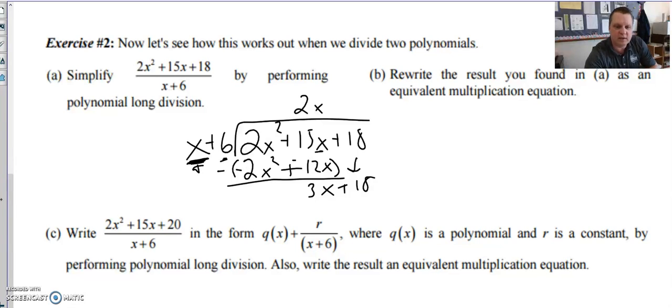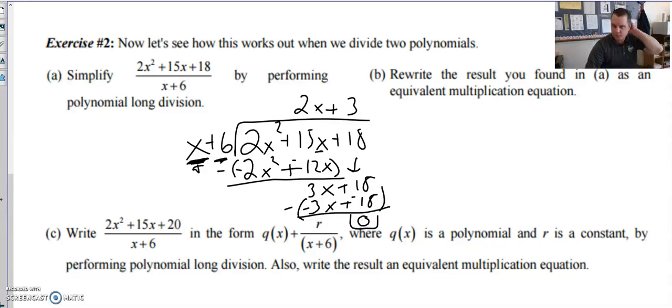So you want to get the exact same first term, which is 3x. So x times something will give me 3x, so it is a 3. And then you have to do 3 times 6, which is 18. Subtract both of them, minus, minus, and you're left with a remainder of 0.